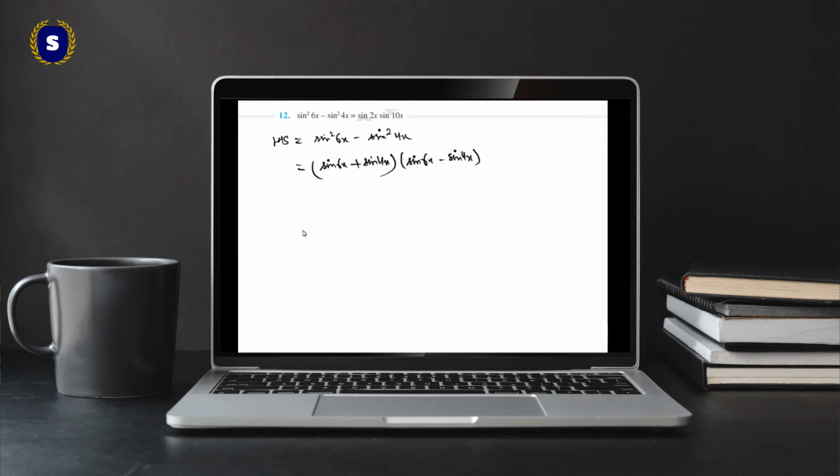Using the identity of sin a plus sin b, which is equal to 2 sin((a plus b) divided by 2) into cos((a minus b) divided by 2), and sin a minus sin b, which is equal to 2 cos((a plus b) upon 2) into sin((a minus b) divided by 2).